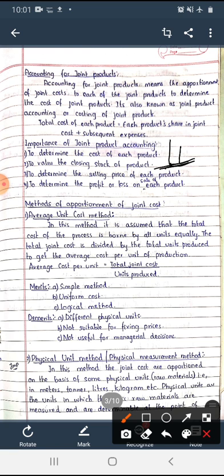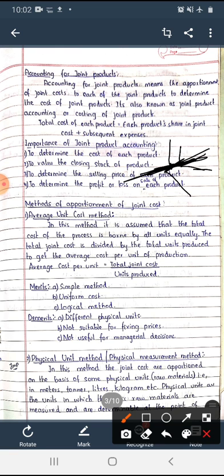Till this point their processes are together. After this particular point they are processed separately. This particular point is called the separation point.